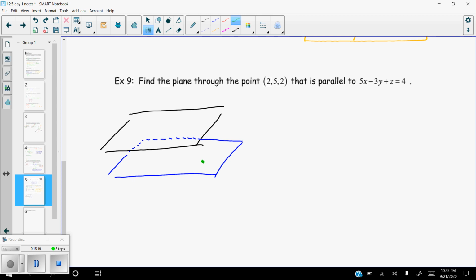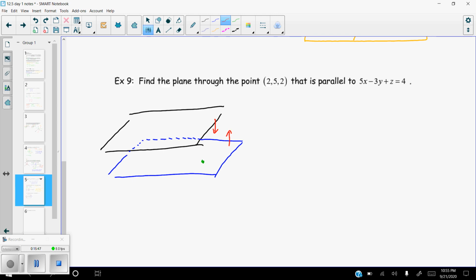Well, the good thing is, if I know the first plane has a vector of 5, -3, 1, that vector is perpendicular to the black plane. But if it's perpendicular to that plane and we want the other one to be parallel, it also has to be perpendicular to this plane.